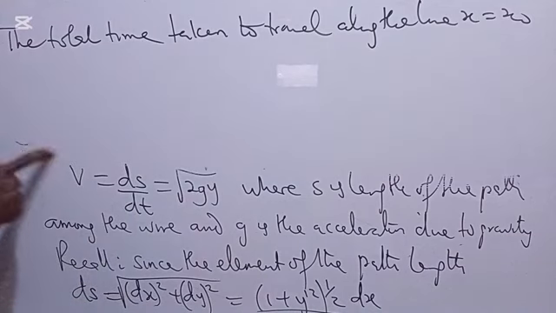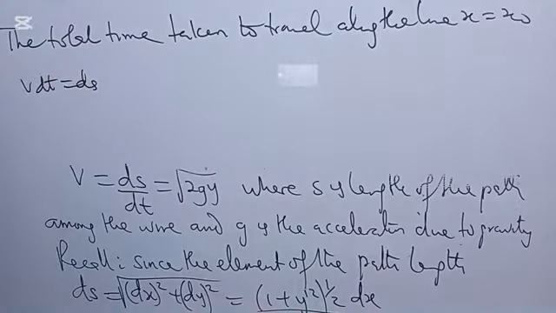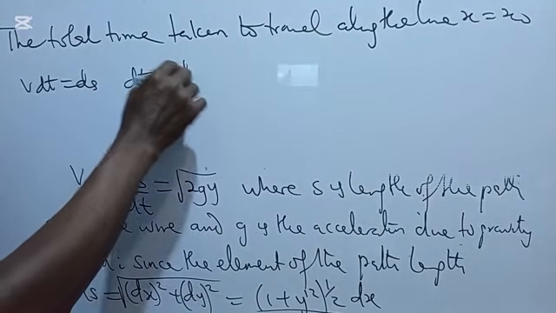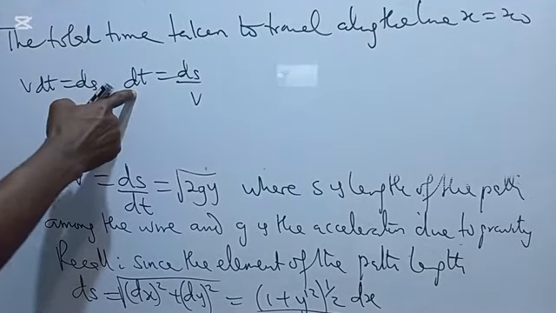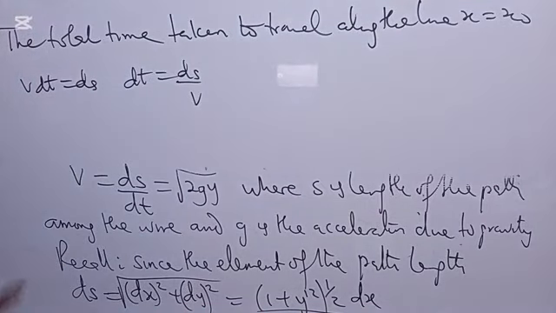From here, if you cross multiply, v dt will be equal to ds. Don't forget we are looking for dt. dt will be equal to what? ds over v, if you divide both sides by v. So now, if you want to get t here, you have to integrate this particular value.